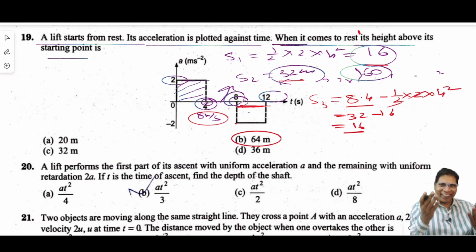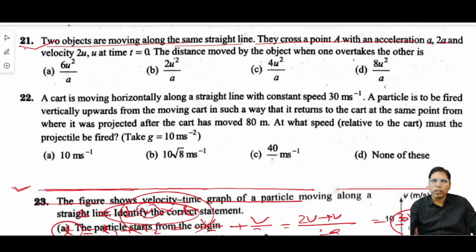Okay, next. Look at question number 21. Two objects are moving along the same straight line. They cross a point A with accelerations a and 2a and velocities 2u and u at t equal to 0. Find the distance moved by the object when one overtakes the other.